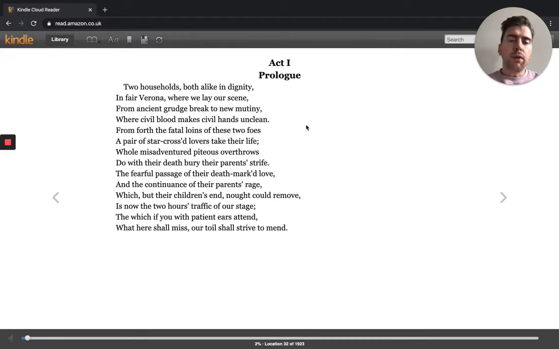The fearful passage of their death-marked love, and the continuance of their parents' rage, which but their children's end naught could remove, is now the two hours' traffic of our stage; the which if you with patient ears attend, what here shall miss, our toil shall strive to mend.